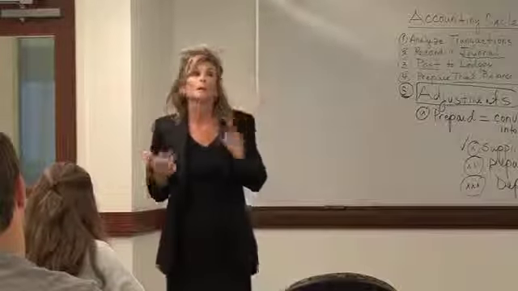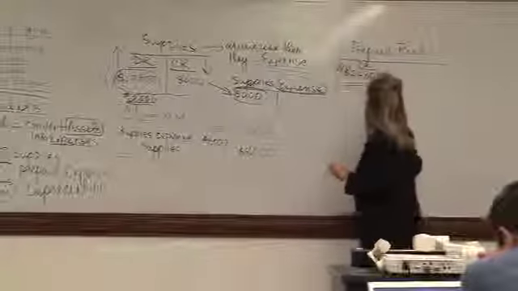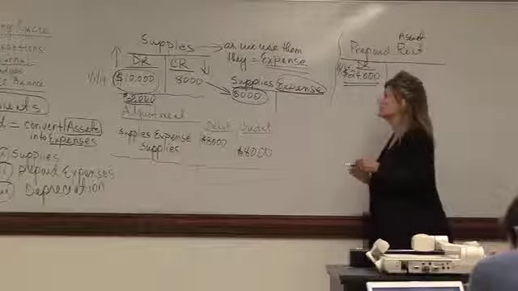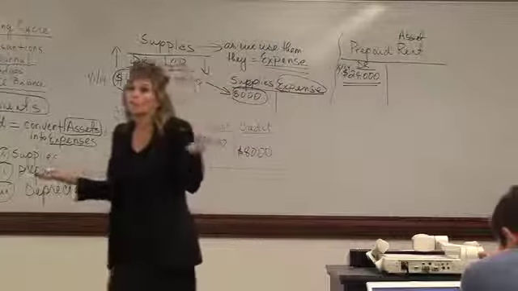Okay? So on January 1st, they would record the transaction by debiting prepaid rent, asset, and once again, they're either going to credit cash if they paid for it, which I would assume they did.